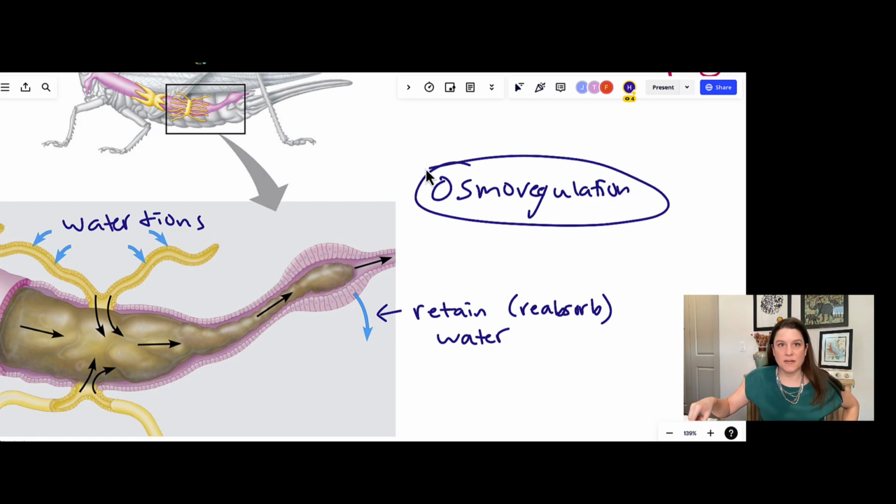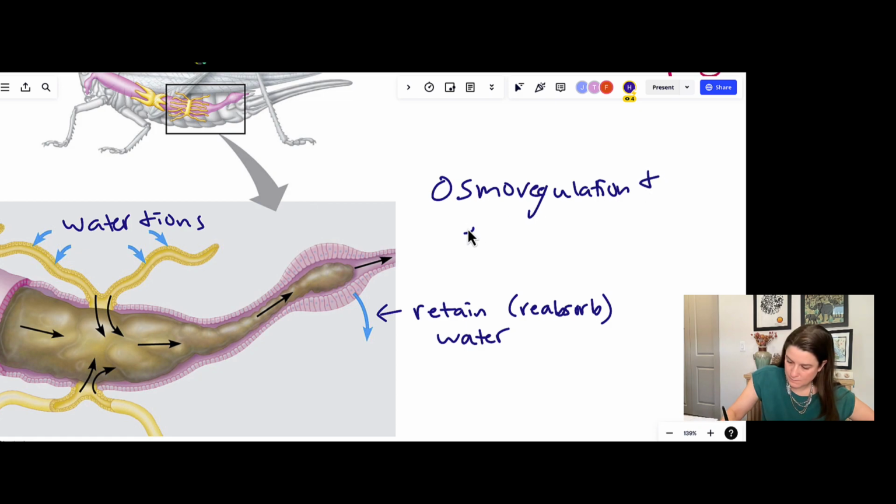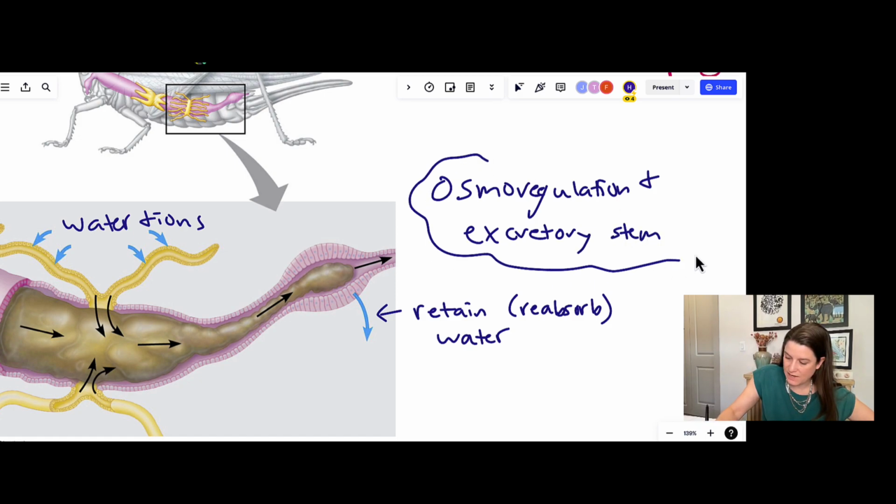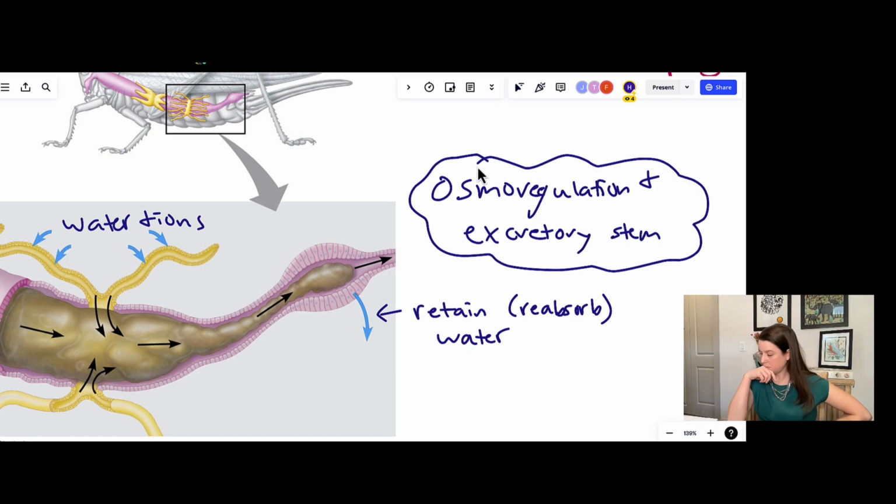That's a big thing there, so they can retain that water. Osmoregulation and excretory system, those are adaptations for that in insects.